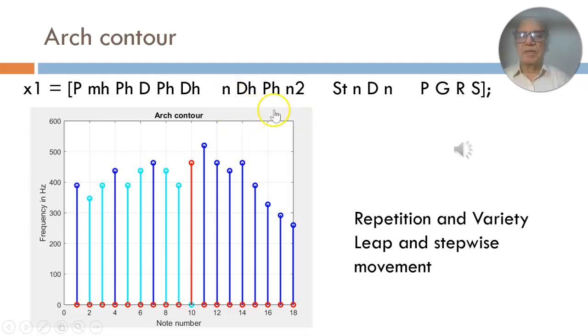But if you look at this one, for example, from Pancham you jump to Komal Nishad, which has two matras. So this is called a leap. And typically composers will use a leap in order to generate some kind of tension. So this comes somewhere midway in the arc, generates a tension, and it is resolved by the downward movement here.